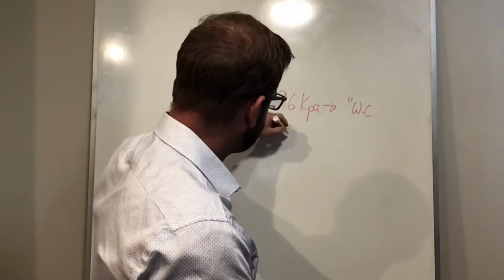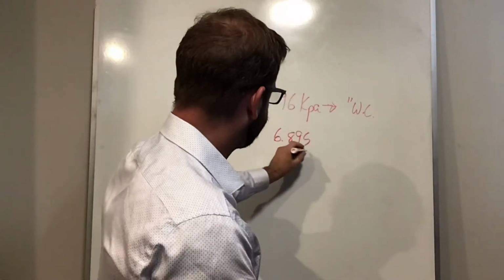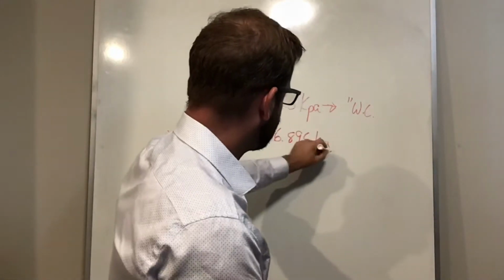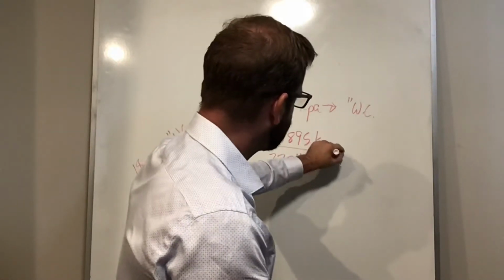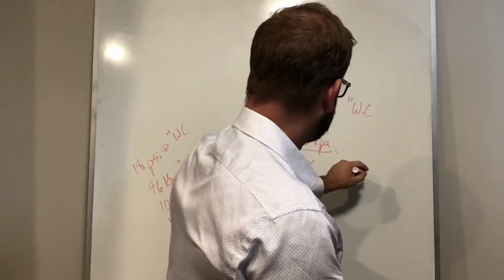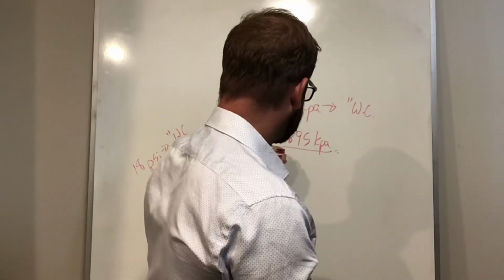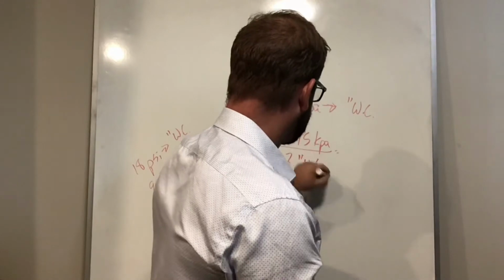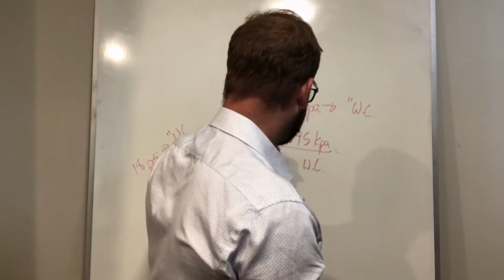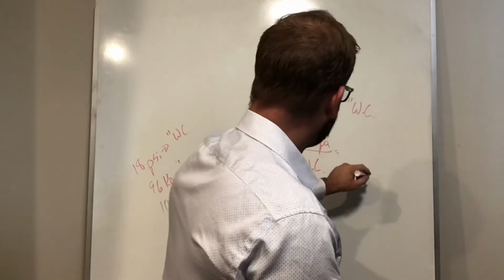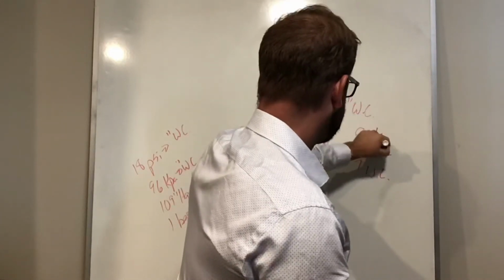So we have 6.895 kPa over 27.7 inches of water column is equal to an unknown water column, and we have 96 kPa.